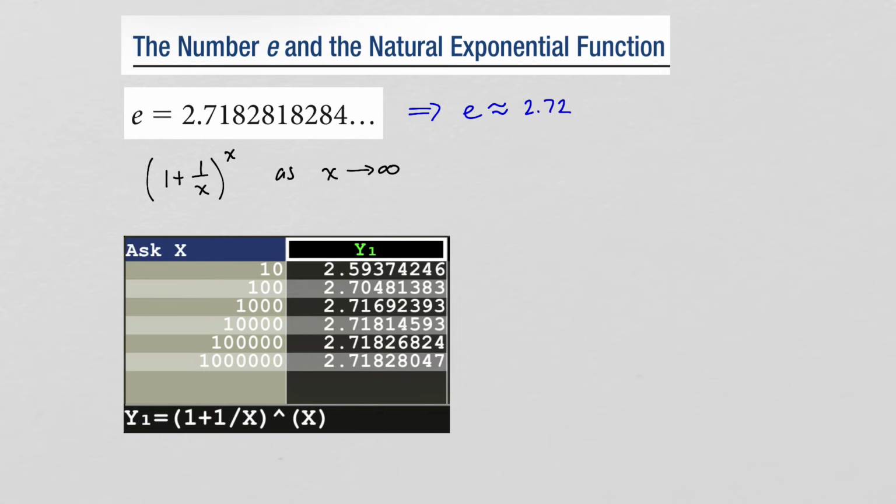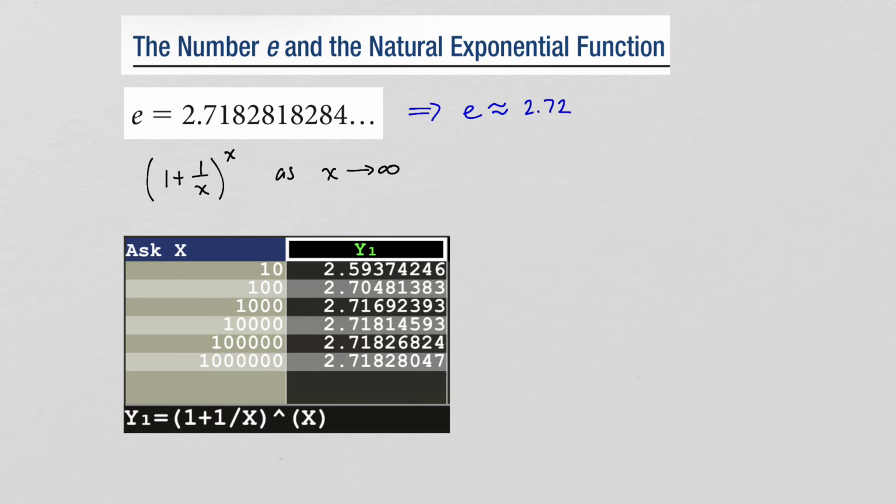Now, where does this number come from? Well, it comes from the expression (1 plus 1 over x) to the x power, as you plug in larger and larger values for x. So if you take a look at this expression, I've created a table of values for you to notice what this expression behaves like as you plug in bigger and bigger numbers for x.